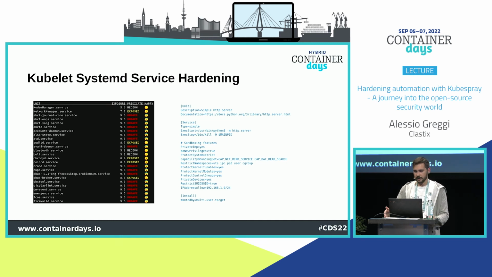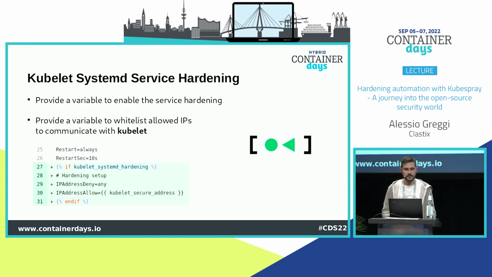You have a column dedicated to the security exposure of the service. On the right side, you can see an example of the sandboxing features for systemd. For example, you can read about PrivateTmp or NoNewPrivileges, and also IPAddressAllow. What we have done with the Kubelet was to first provide a variable to enable this feature, so you can enable or disable it in order to have a safe environment.